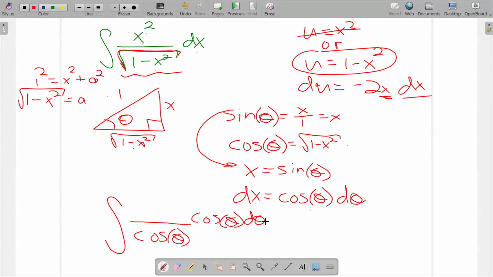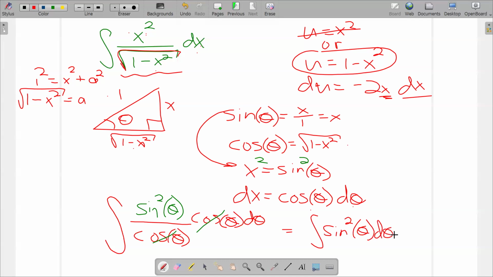In my numerator, x squared: if x equals sine, then x squared has to be sine squared. So I get sine squared in the top. And so that integral can be rewritten, where we get a bit of cancellation, as just the integral of the sine squared of theta d theta, which we've done before.